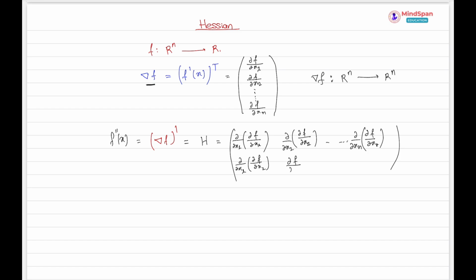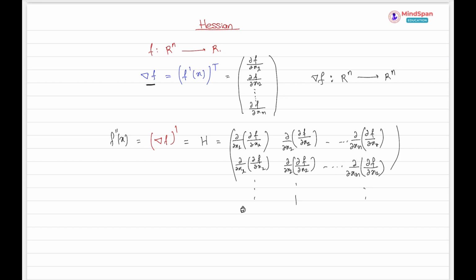You have this function, you will take the partial derivative of this function with respect to x2, right? And again you have this function, and you will take the partial derivative with respect to xn, right? You will do this with all the variables.